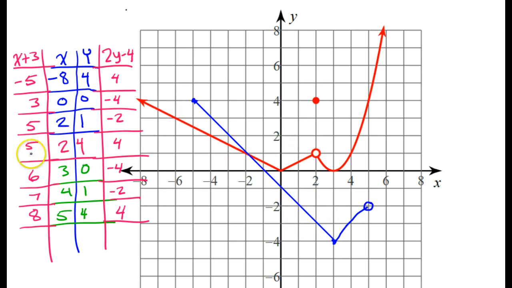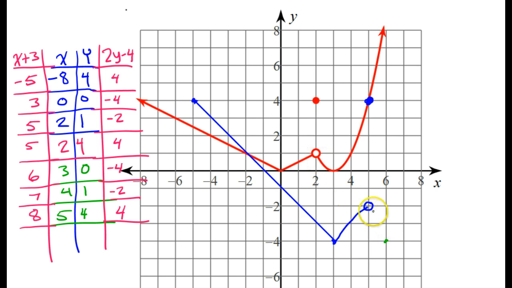Next we have a single dot, all right, which used to be here, but now it's at 5, 4. So 5, 4, I'm going to have a single dot right here. So we've done the dot now. As we draw the parabola piece, 6, -4. So here's 6, -4.